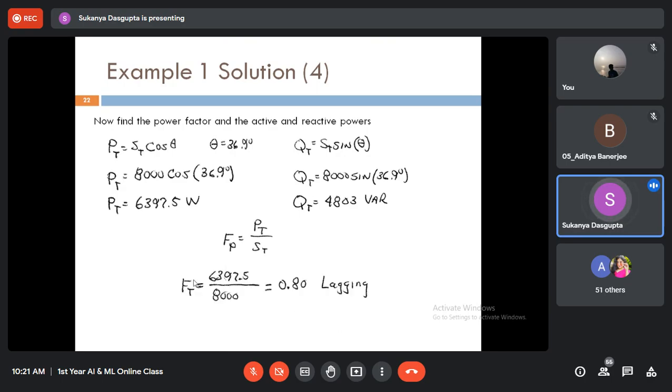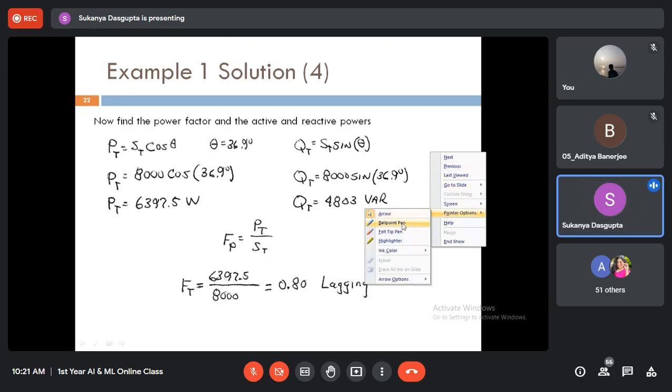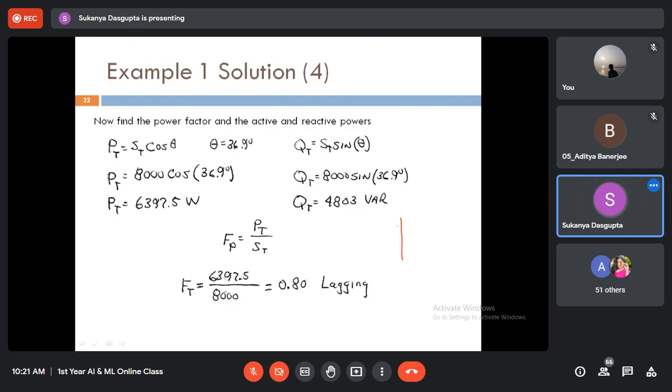Expressions of active and reactive power, PT, the active power, QT, the reactive power. Okay, and finally, the power factor. If you can remember the power triangle, you will see that power factor cosine theta is actually, what?